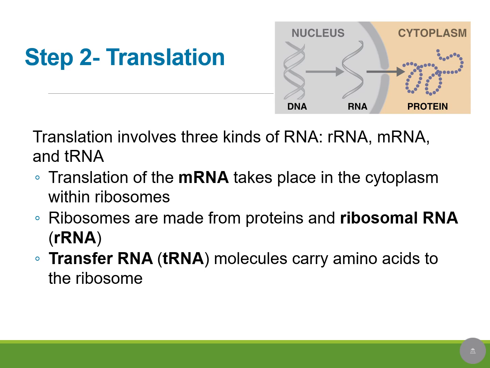So just to complicate things even a little more, in translation, there are actually 3 kinds of RNA. Previously in this lecture, we talked about mRNA, and remember that the M in mRNA stands for messenger.